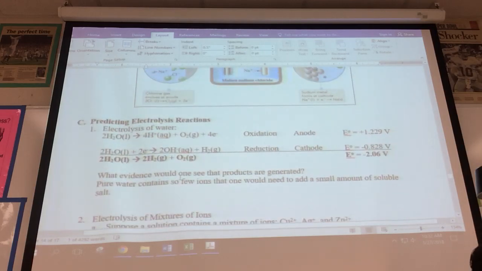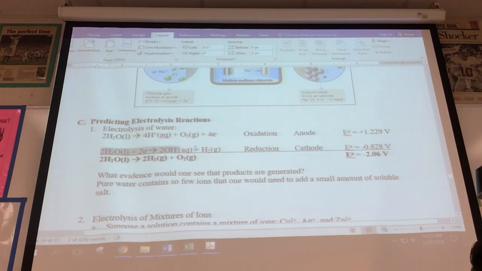Okay, when you are predicting electrolysis reactions, typically you're looking at 4 reactions and trying to figure out which combination is the best. 2 of the reactions will involve the splitting of water. So if you look here, you have water generating proton, oxygen gas, and electrons. This is an oxidation reaction with the 4 electrons being lost.